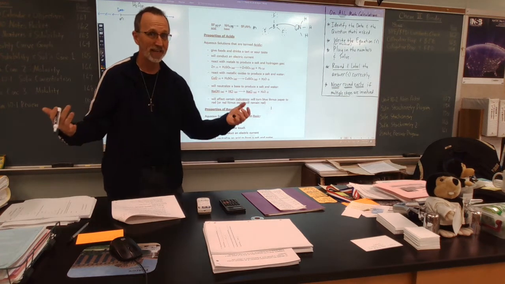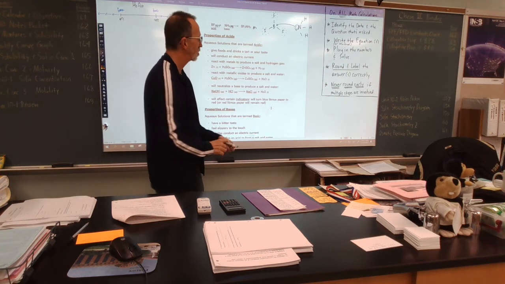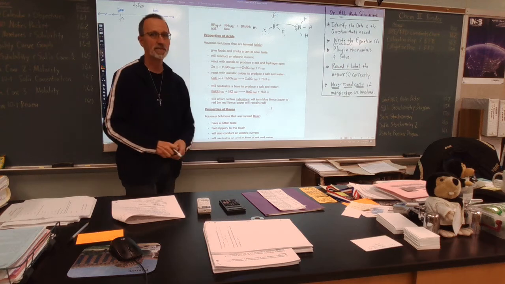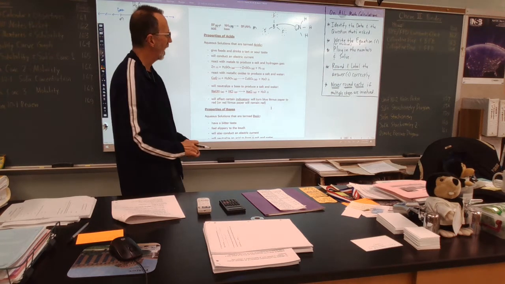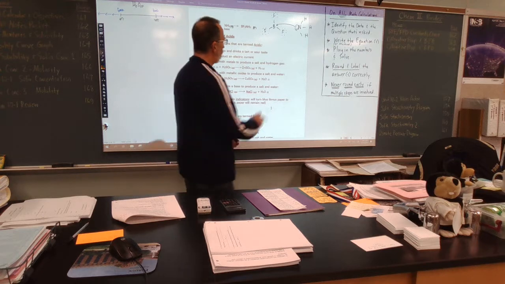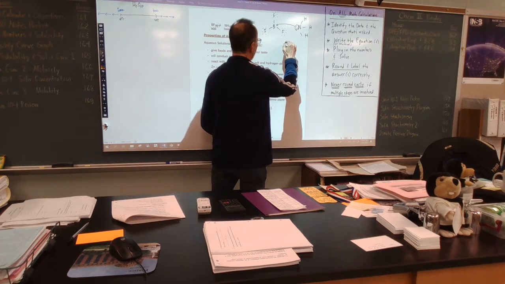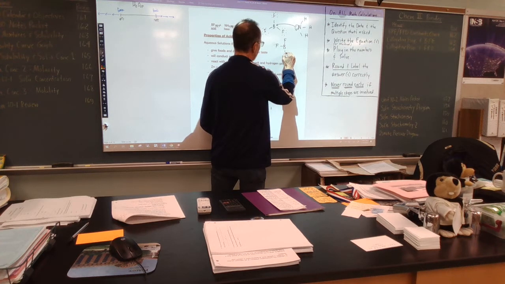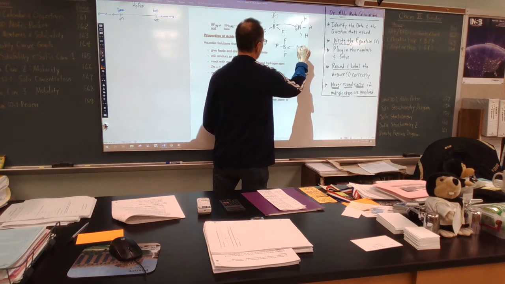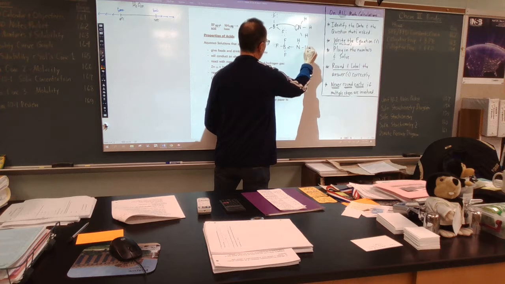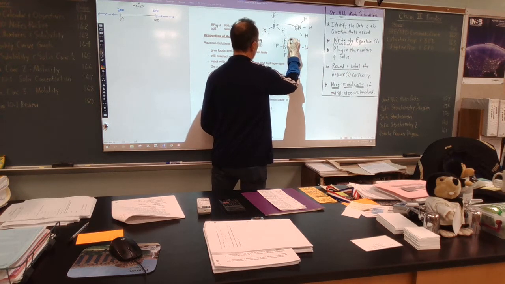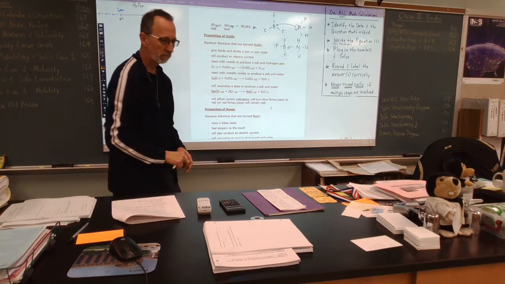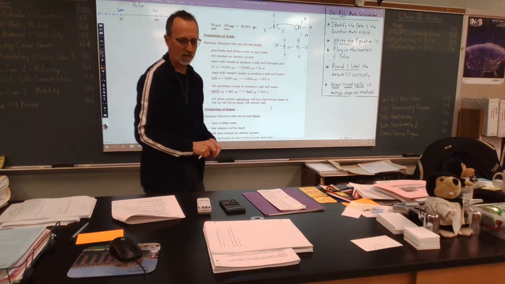Remember, that's a coordinate covalent bond, if you remember that from when we were doing bonding. Well, that makes this a Lewis base, right? An electron pair donor. So when it's all said and done, here is our molecule that we formed right here, showing that coordinate covalent bond there.